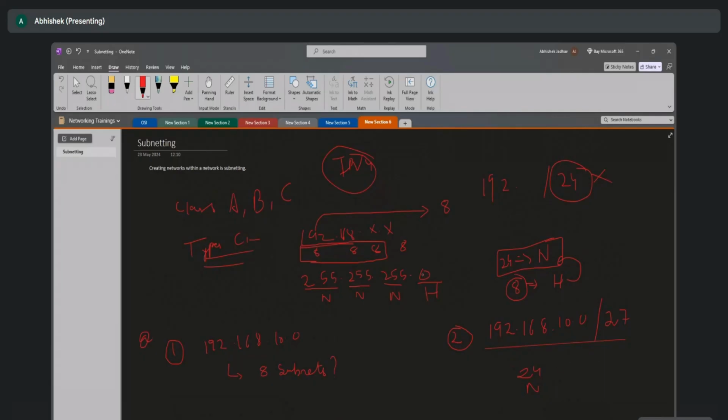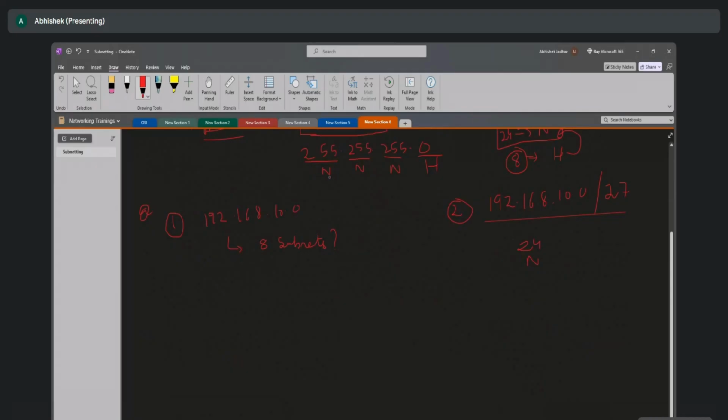What I'm trying to tell you is, the initial octet is occupied by the network, that is 8 bits are already occupied. The other one is also occupied by the network by default, that 8 bits is occupied. Then another one is network bits, this is also occupied.